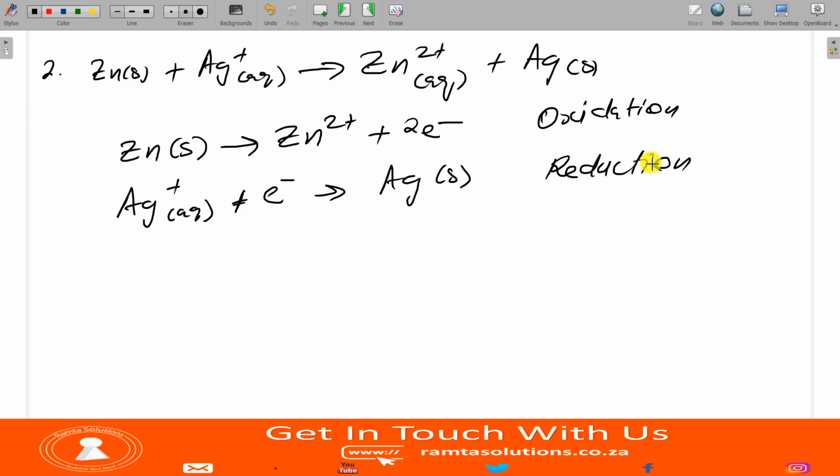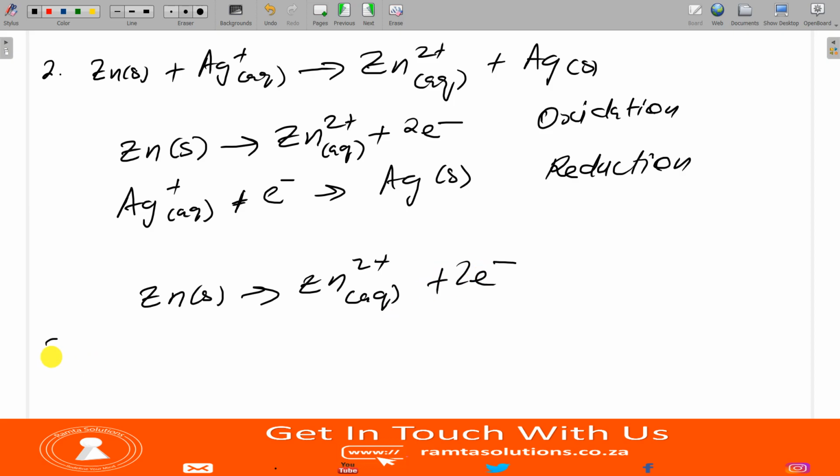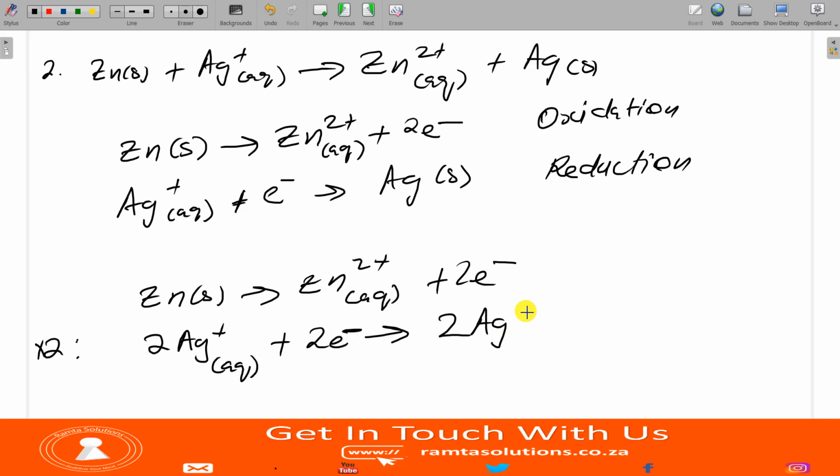So to now get the overall, I will need to do this. To get the overall, I will say zinc solid giving us zinc 2 plus aqueous, I forgot to add aqueous there, plus 2 electrons. I then multiply the reduction reaction by 2, so it will be 2 Ag plus aqueous plus 2 electrons giving us 2 Ag solid.